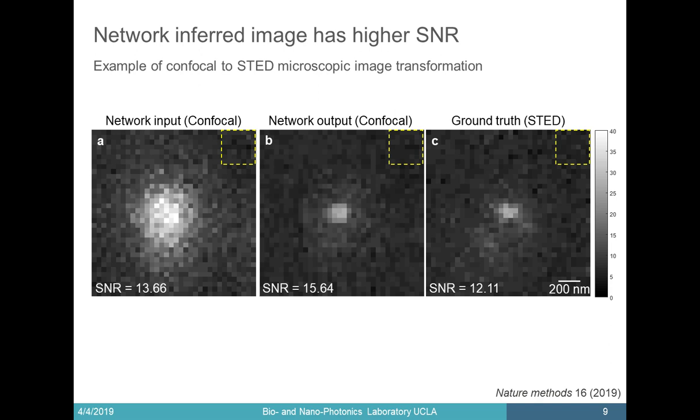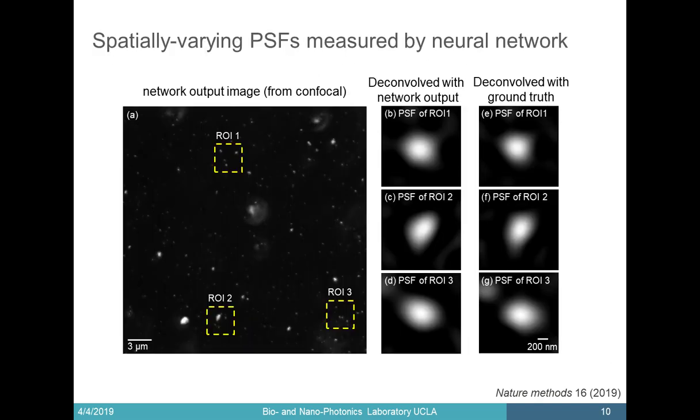Furthermore, the network output image also has an improved signal-to-noise ratio compared to the input and the ground truth image, as shown by an example of confocal to STED image transformation here. And we actually believe this is one of the major reasons that the network can deconvolve the input image with higher signal-to-noise ratio. We can also estimate the local point spread functions.